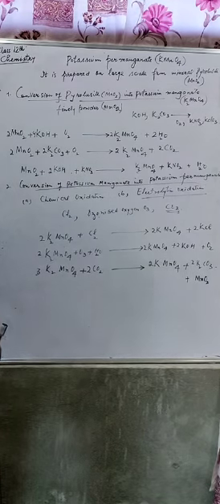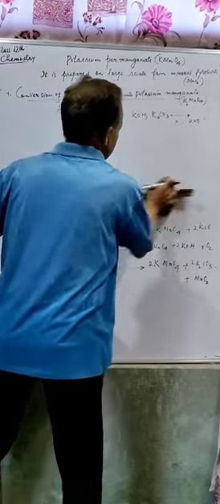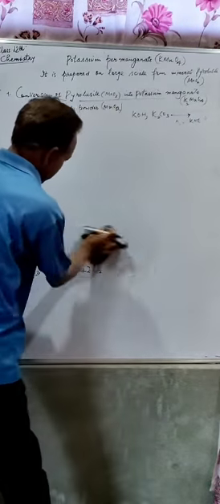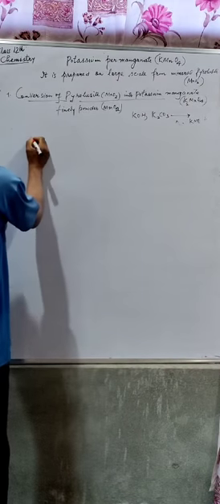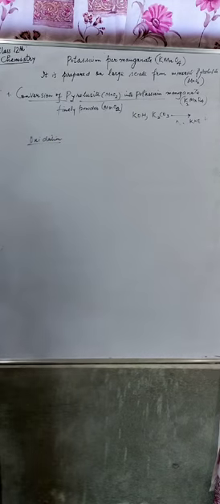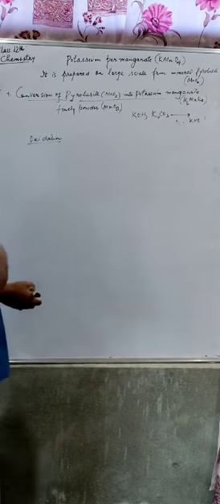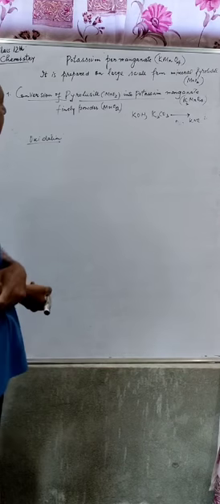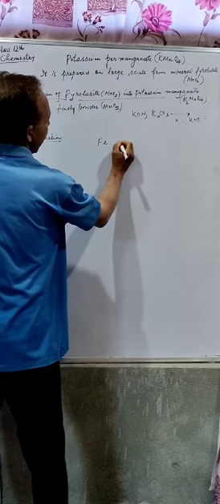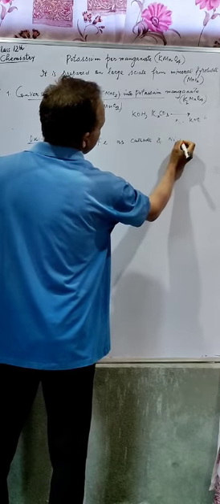Now the second method is electrolytic oxidation. In this method, potassium manganate is oxidized in an electrolytic cell which contains iron as cathode and nickel as anode.